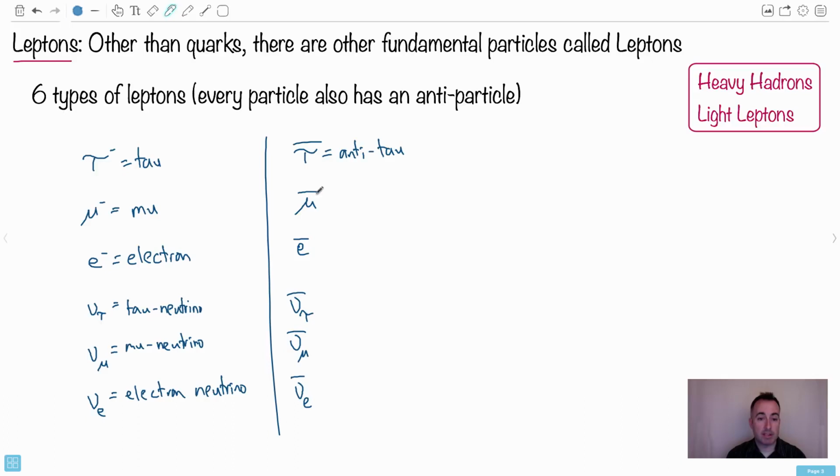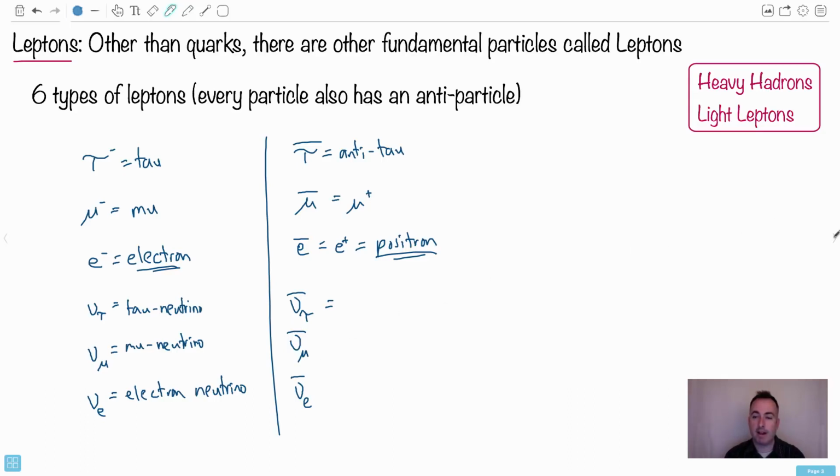Keep in mind, though, this particle right here has opposite charge. So if this had a negative charge, you could also write it like this, couldn't you? You could say it's a mu plus. That's also another way of writing this. Just like this, instead of the electron with a minus charge, you could also write it like this with a plus. By the way, this one has a special name. That's called a positron. So we have this electron and its positron. Those are the antiparticle pairs. And of course, it's called the anti-tau neutrino. This is the anti-mu neutrino and so on.